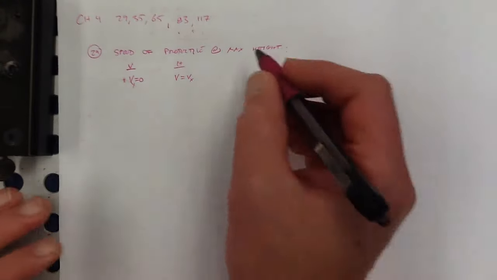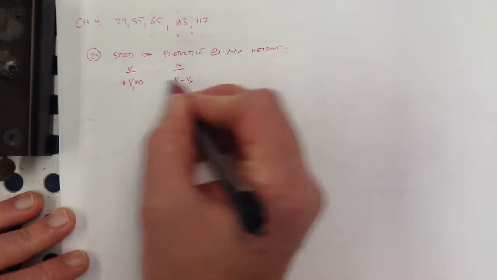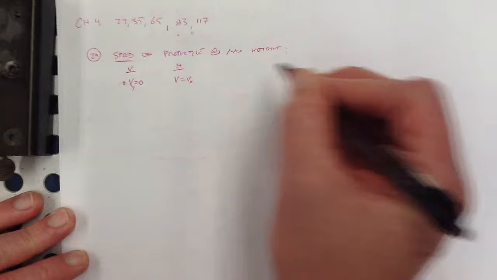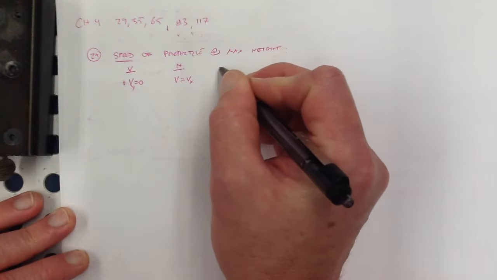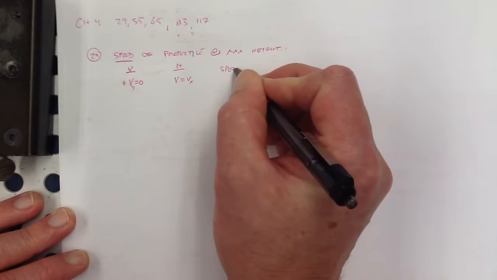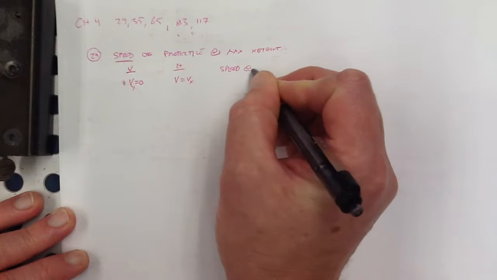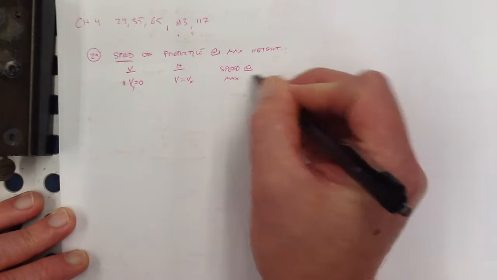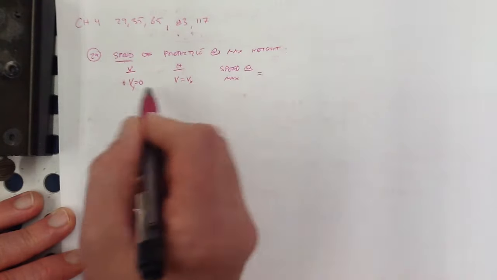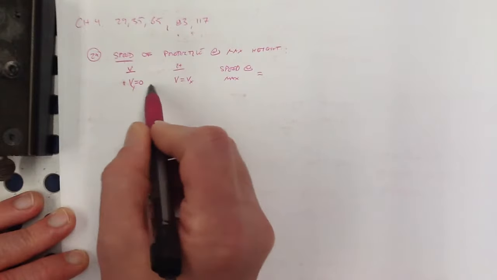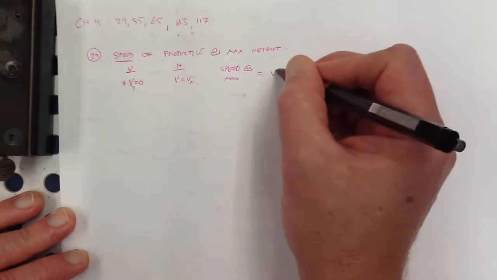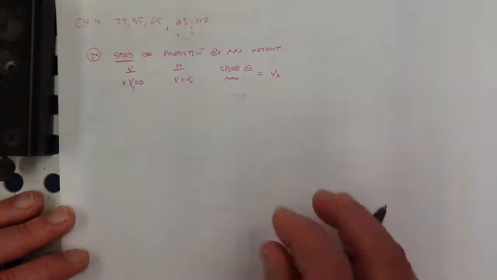So at the maximum height, the speed of the projectile is, if you Pythagorized these, of course this is just 0, so it's just a horizontal vector. It is the horizontal velocity.